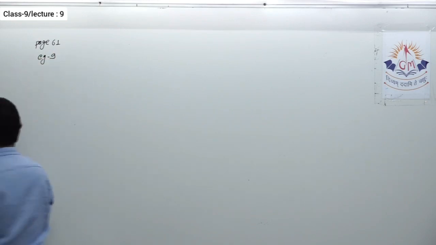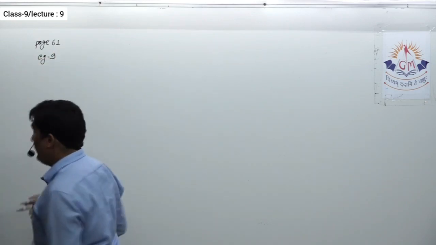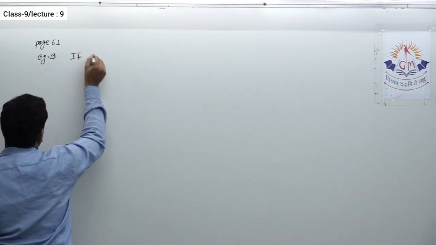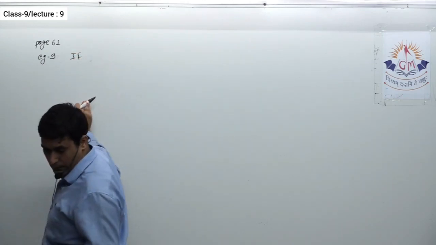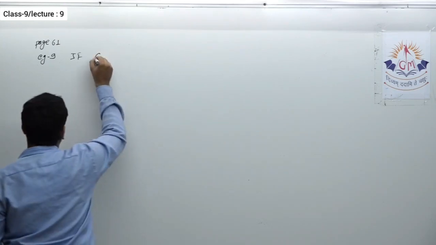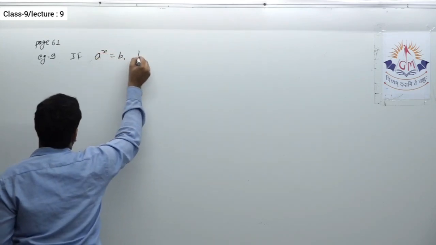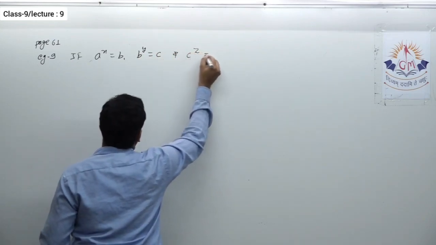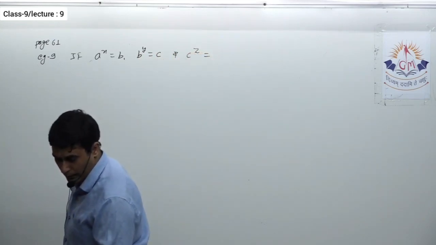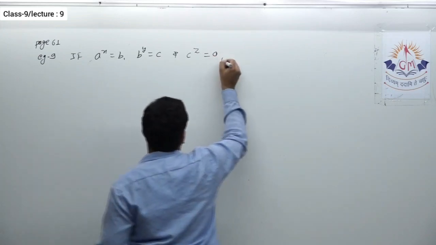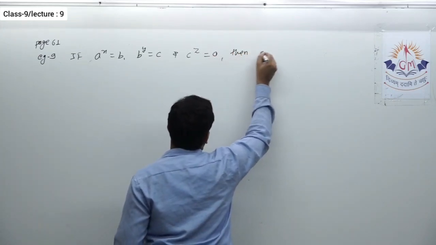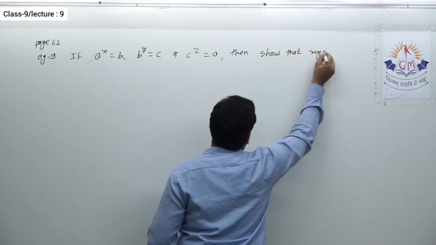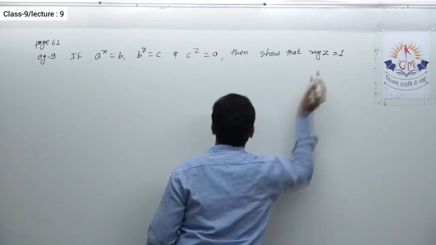It is given, if a raised to x is equal to b, then b raised to y is equal to c, and c raised to z is equal to a, then show that xyz is equal to 1.